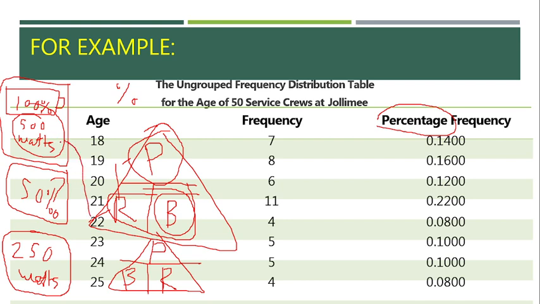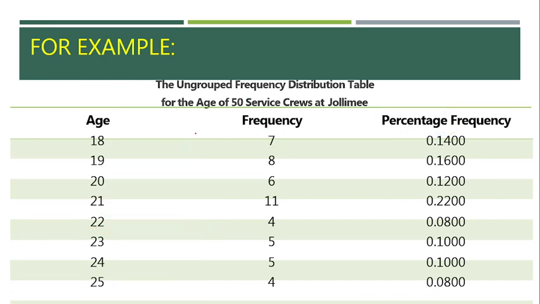Okay? So when we are going to find the percentage of your frequency, let's deal with this one already. When you have PRB, you're going to find the percentage of your frequency. So, what is your base? How are you going to identify the base?